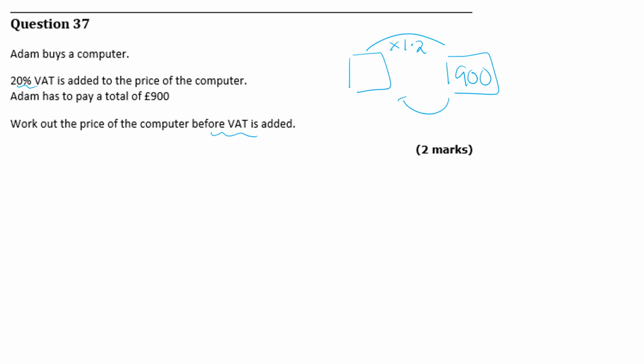So to reverse that, we need to do the £900 divided by 1.2. So on your calculators, 900 divided by 1.2 is 750. So the price before the VAT is £750. If you calculate 20% of that and add it on, you will get back to the 900.